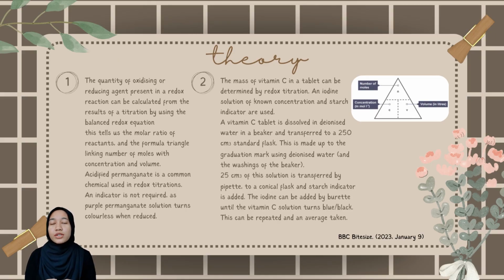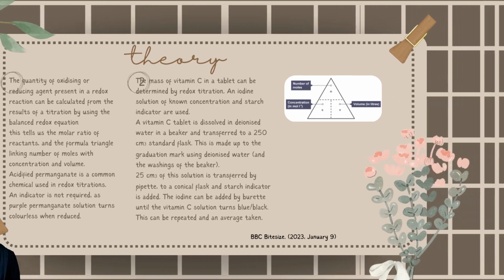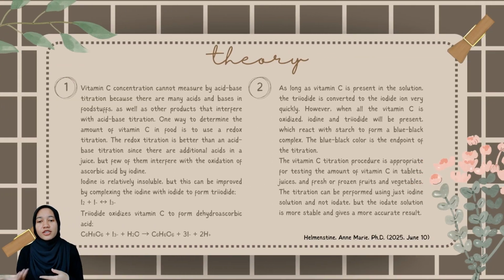This is made up to the graduation mark using deionized water and the washings of the beaker. 25 cubic centimeters of this solution is transferred by pipette to a conical flask and a starch indicator is added. The iodine is added by burette until the vitamin C solution turns blue-black. This is repeated and the average is taken.